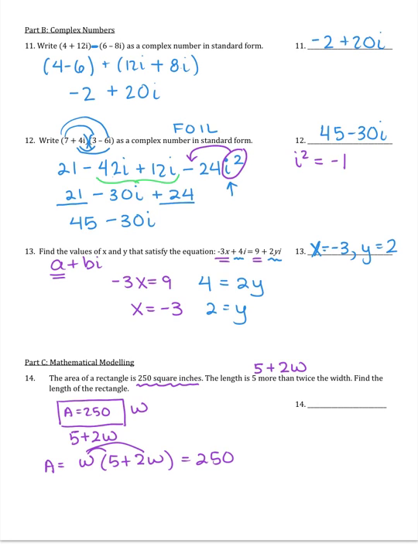So we're going to distribute. That's going to give me 5w plus 2w squared equals 250. And then we're going to set this all equal to 0 so that we can solve it. So we have 2w squared plus 5w minus 250 equals 0.